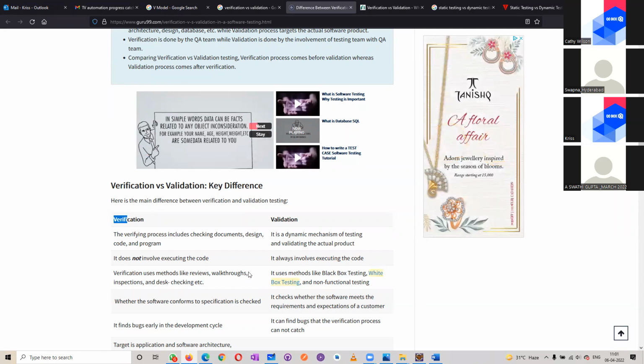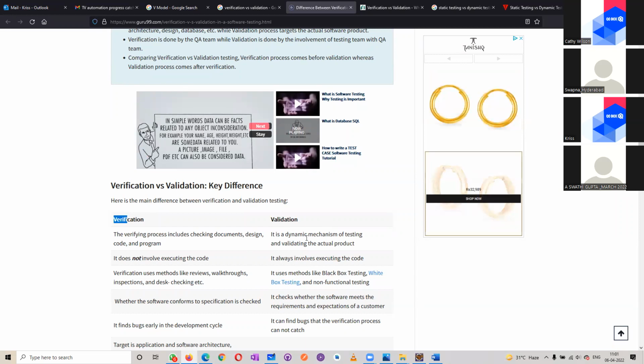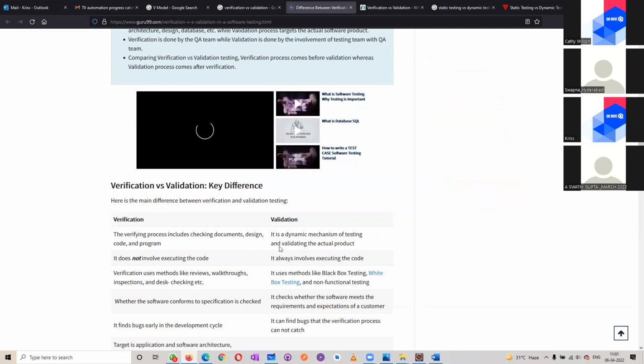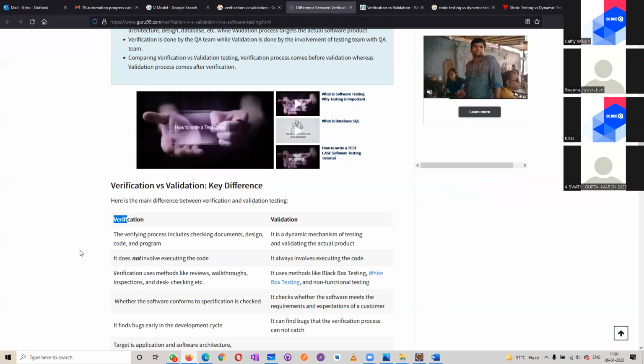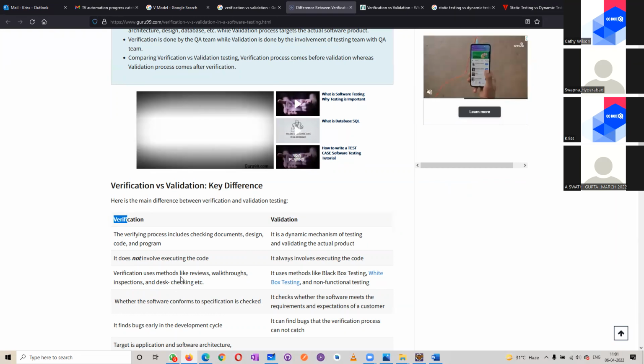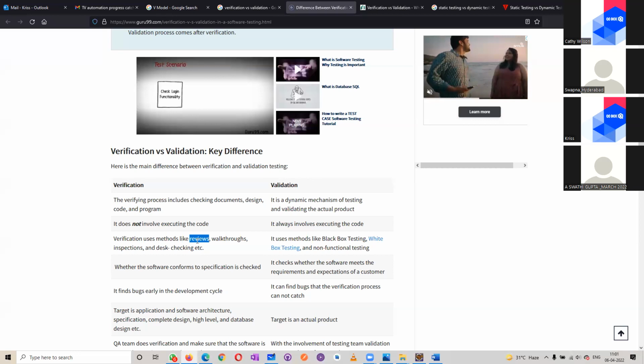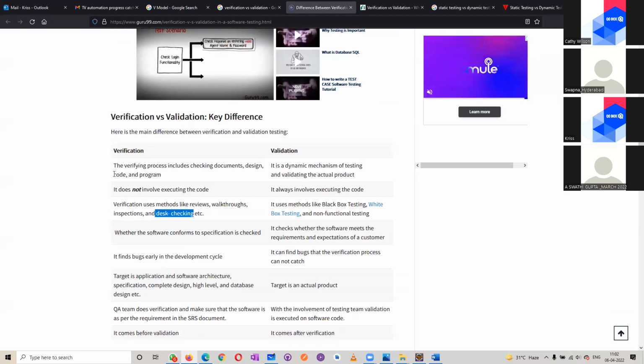Whatever I do, all my categories of testing, I'll do with validate, not with verify. Verify involves only code reviews. Hey, did you verify your code reviews? Did you verify your walkthroughs? These are all static checkings or verifications. And all these other things would be your validations.